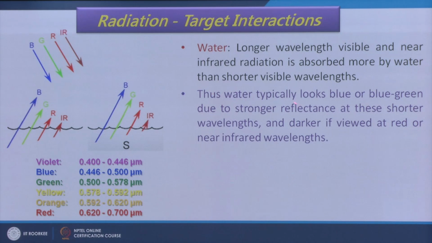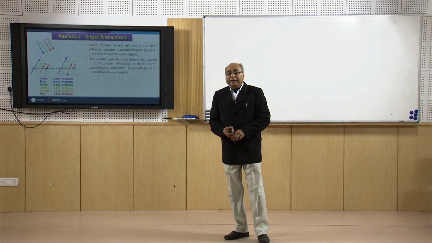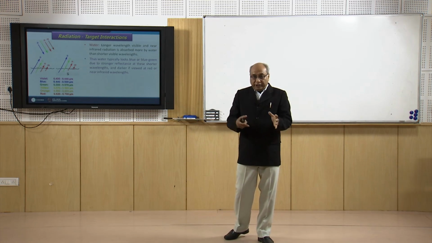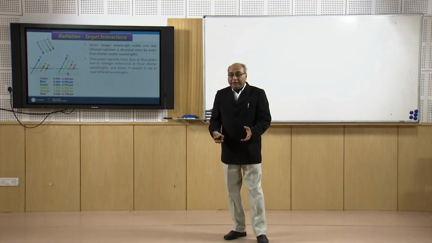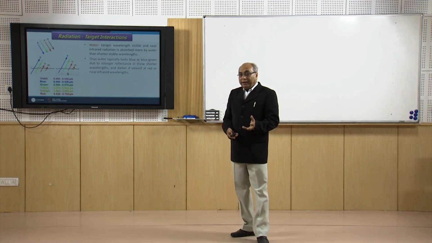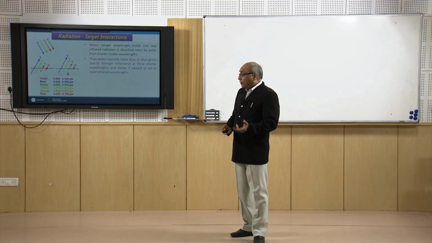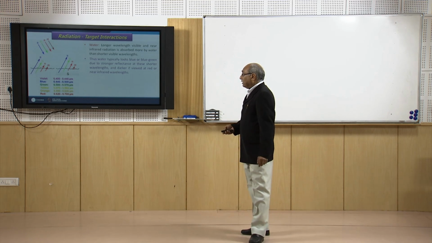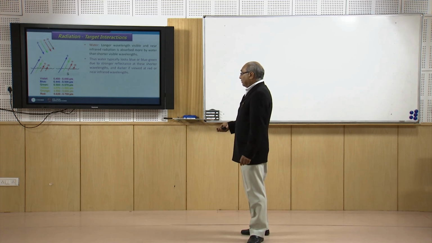Thus water typically looks blue or blue green due to stronger reflection at these shorter wavelengths, and darker if viewed in red and infrared. So whenever we see infrared images in which water bodies are present, generally if the water is pure it will appear completely black or dark, because there is no reflection in that part of the EM spectrum.